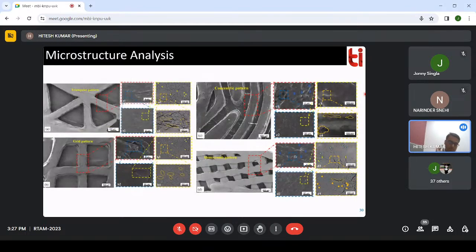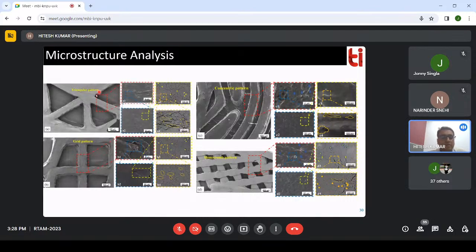To confirm that, we first did some microstructure analysis on those samples. All four samples were taken out, because this practice is important. Whenever we produce a material with the help of additive manufacturing, the presence of porosities or defects will be higher because of the growth, and because diffusion sometimes does not take place in a proper way, so there will be chances of defects or porosity.